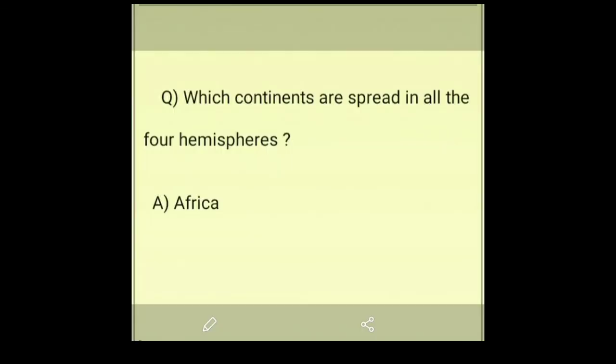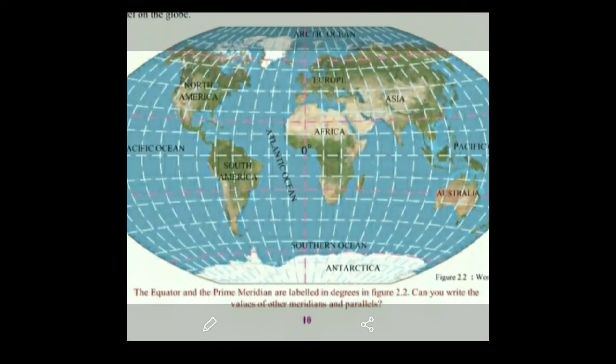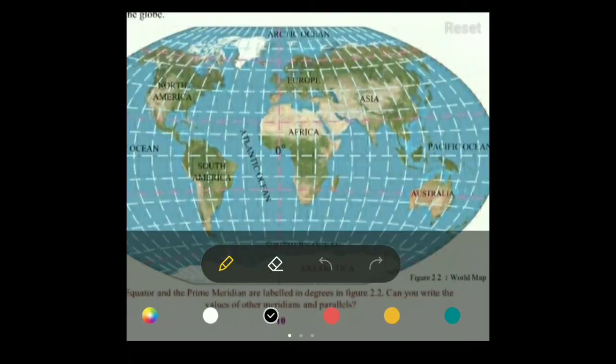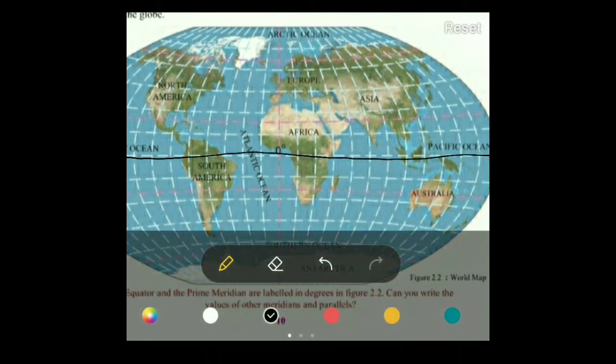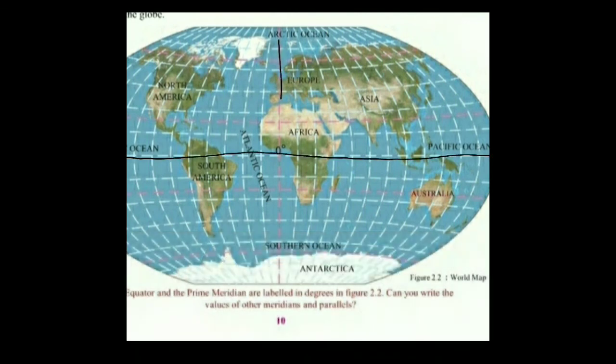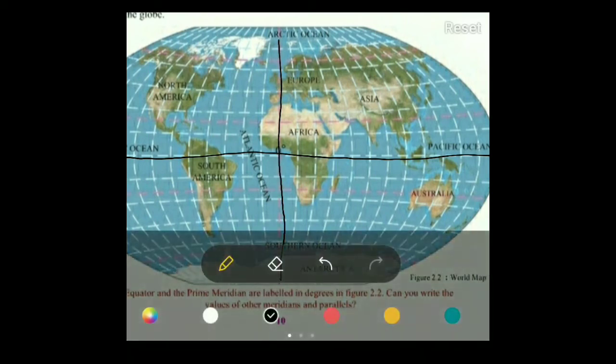We come to our next question. Which continents are spread in all the 4 hemispheres? The answer to it is Africa. Let us see how. By this time, students, you must be knowing what the hemispheres are. We know that the equator divides the earth into the northern hemisphere and southern hemisphere, and the prime meridian divides the earth into the eastern and the western hemisphere.